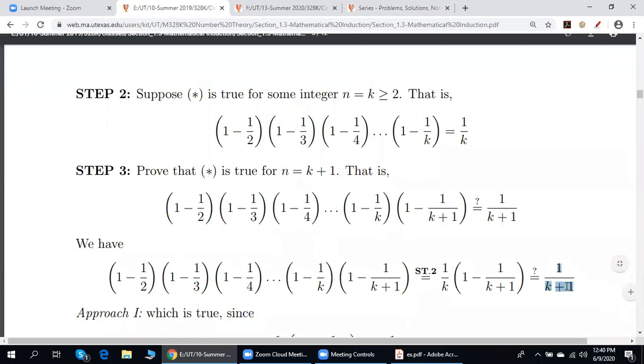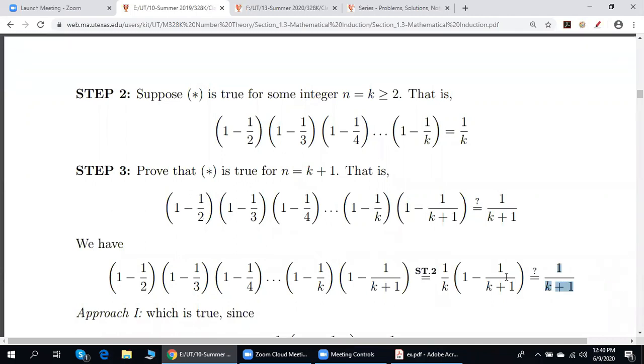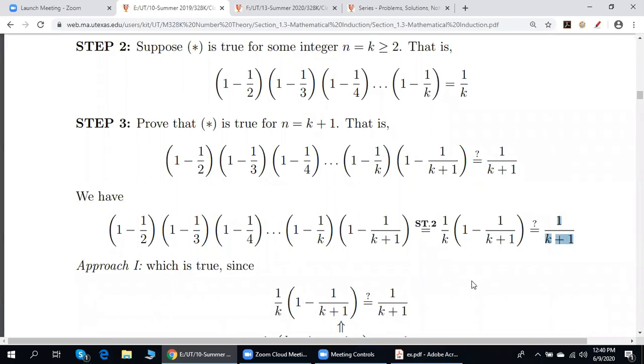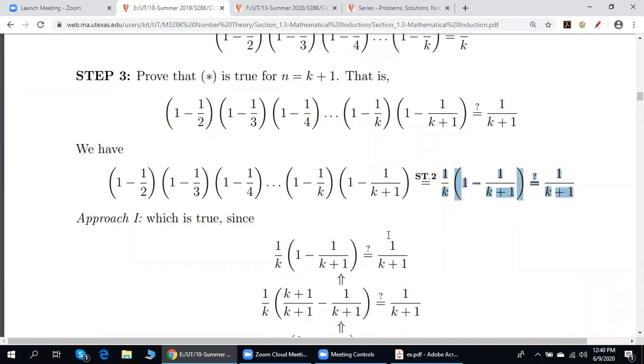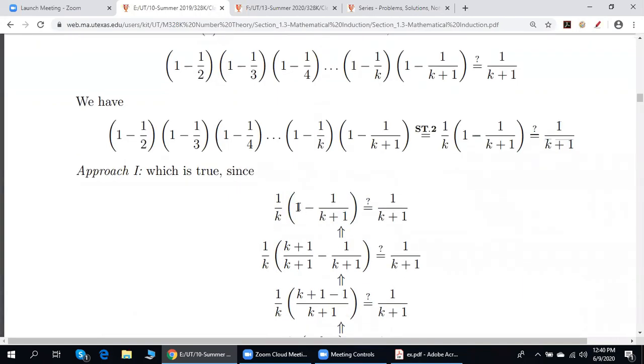Basically, we can prove it in a bunch of different ways. Here I give you 2 approaches. So copy this, it's over here. Observe that 1 can be rewritten as k plus 1 over k plus 1. Now we have the common denominator. We subtract tops.